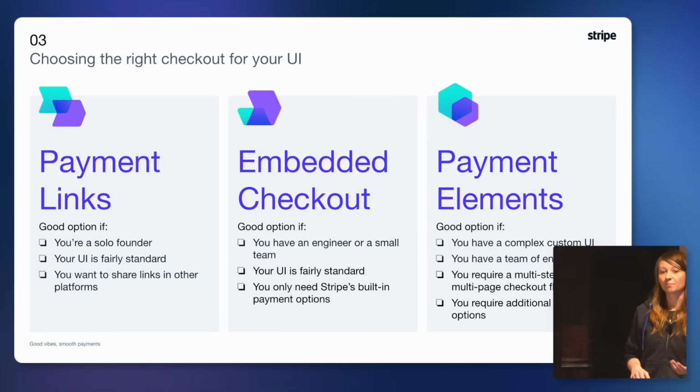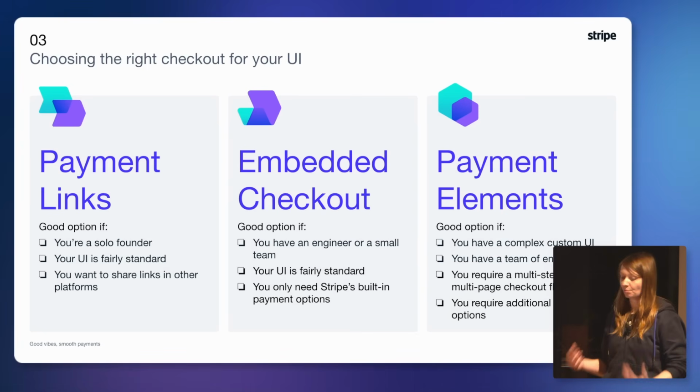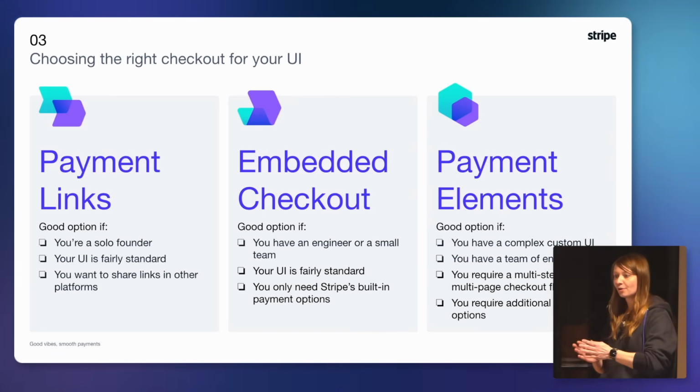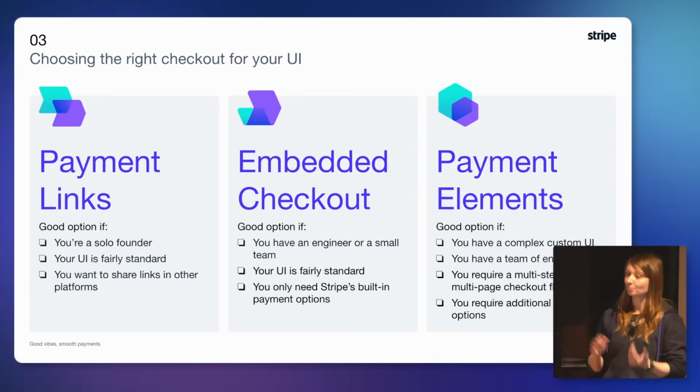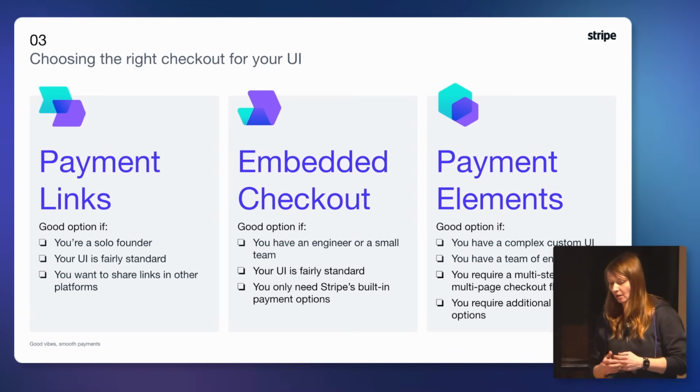And then let's not forget maintenance, because Stripe is constantly rolling out new features and product updates. And that means using a Stripe hosted option, your checkout flow will always be current and compliant, because regulations are also changing often.